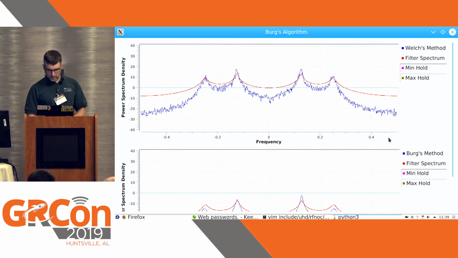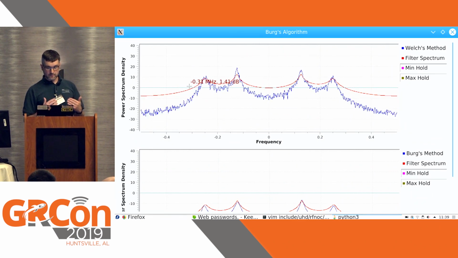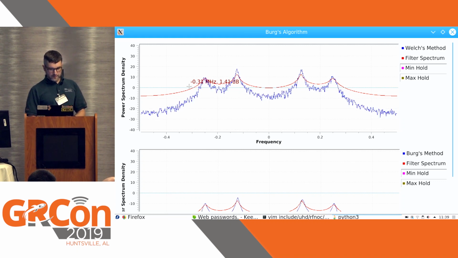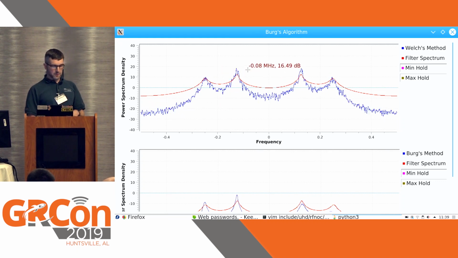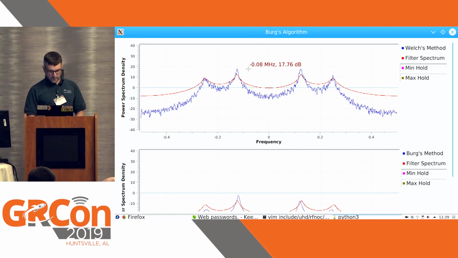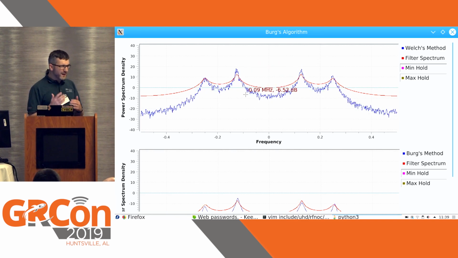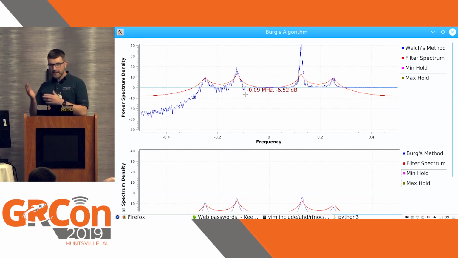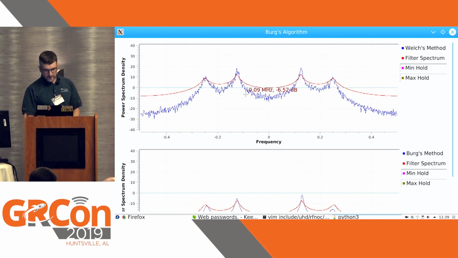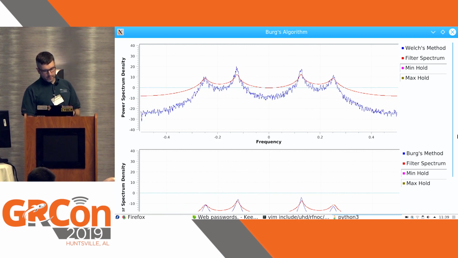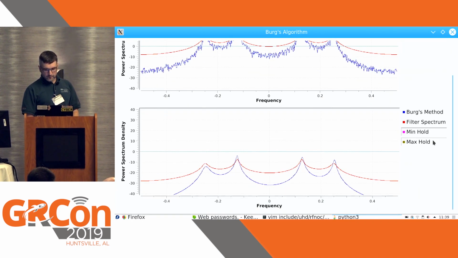So, what do we see here? In red, we see the shape of the actual filter. And in blue, we see the output of the Welch estimator. So you can see it approximates the filter, but we have those noise squiggles in there. And I said earlier, we don't actually want those. We don't care about that. They're just exciting the filter. But that's actually not what we wanted. So instead, we use Burg's method.